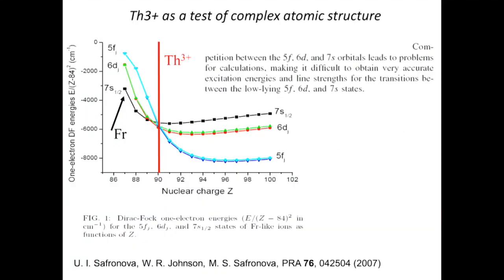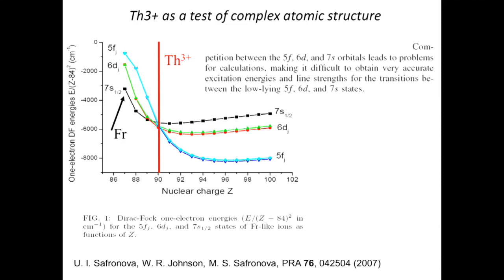So this thorium 3+ ion is also interesting for atomic structure theory, because as you can see here, thorium is isoelectronic to francium, and here is a calculation of the energies of the low-lying levels in ions isoelectronic to francium as a function of the nuclear charge.